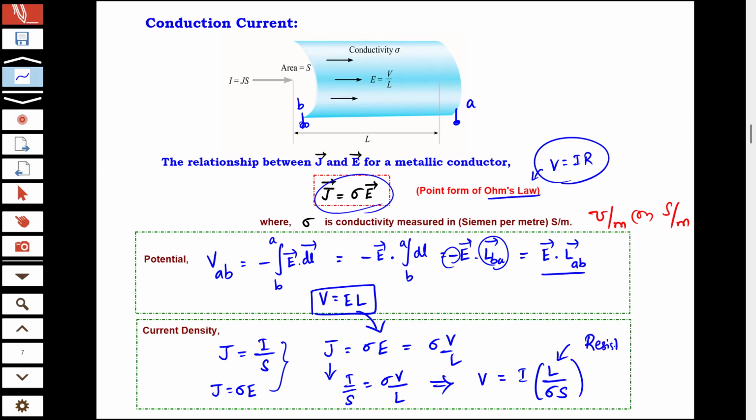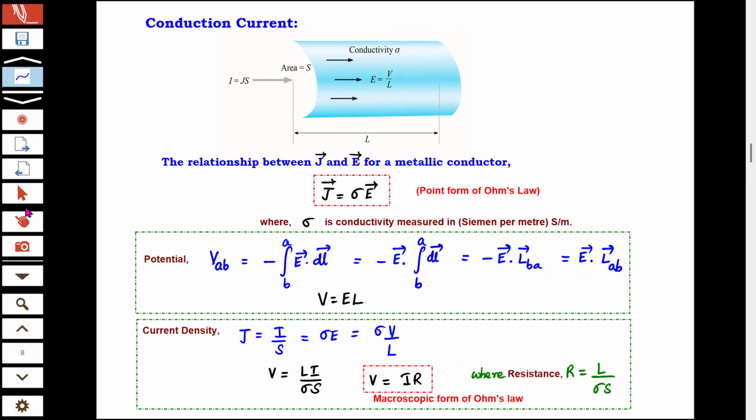This is giving the expression for resistance of any conducting material, which is L by sigma S, or we can write it as L into resistivity by S. We know resistivity is inverse of conductivity. So by this, we can write voltage equals to I into R. So this is the macroscopic form of Ohm's law, or the circuit theory form of Ohm's law.